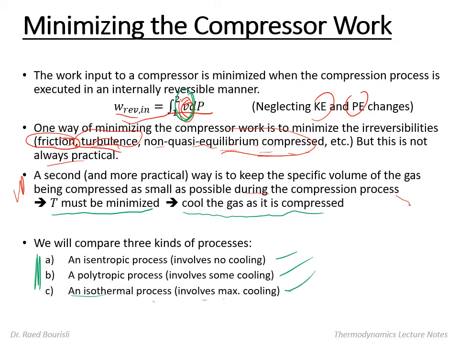It involves the maximum cooling. So you compress it, and you notice the pressure of this ideal gas has increased, so you cool it, and you compress it, and then the temperature increases, and the specific volume increases, and you cool it again, and you keep doing this. So you keep this V as small as possible. Let's look at these.